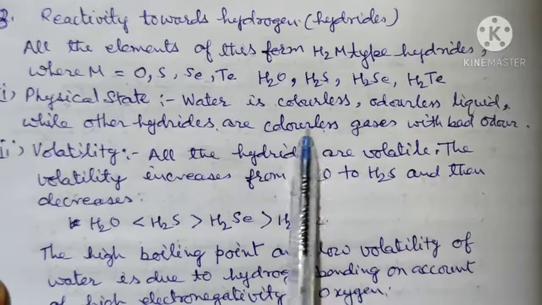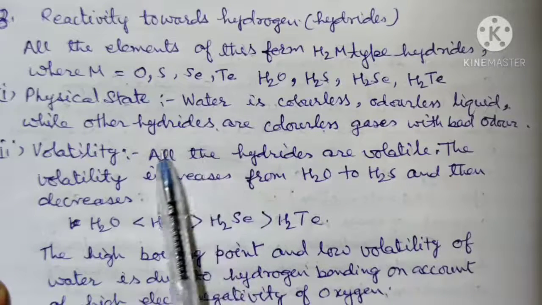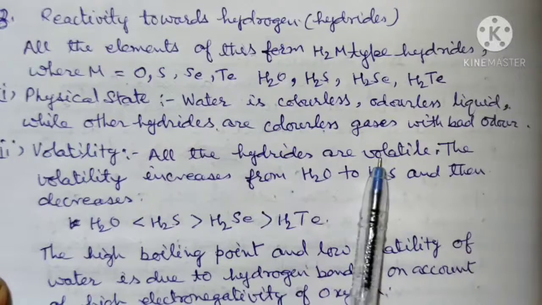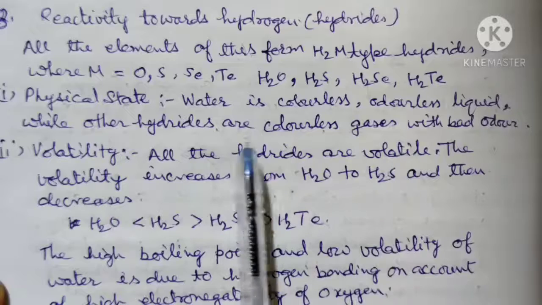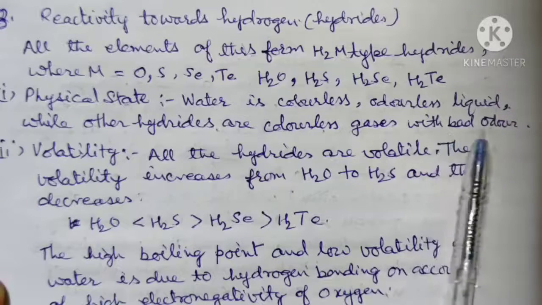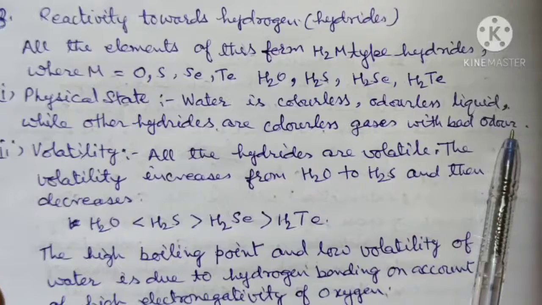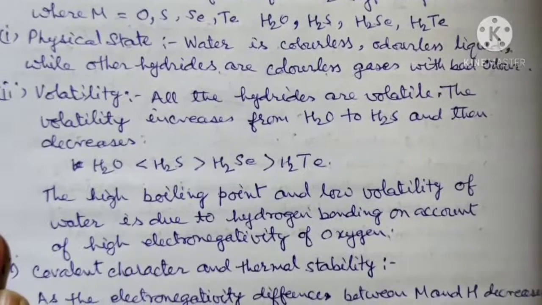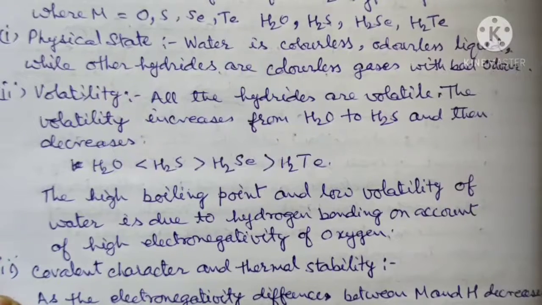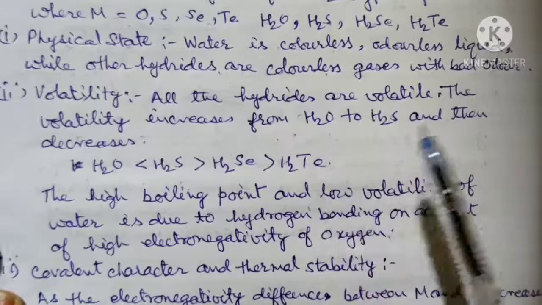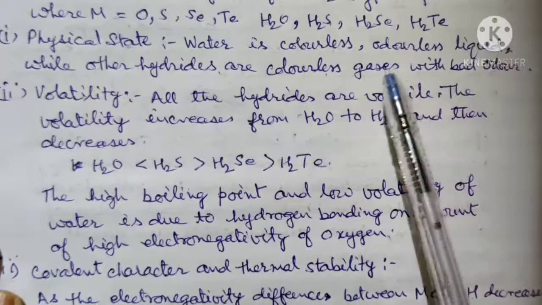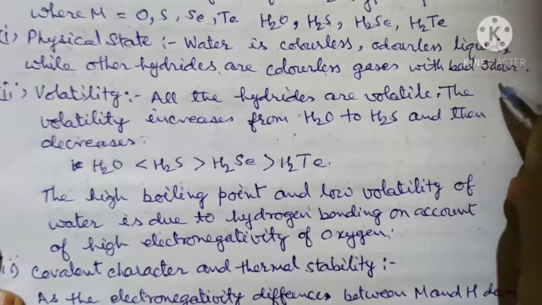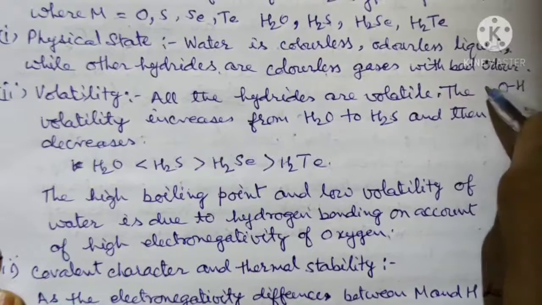The first property of these hydrides is the physical state. Water is a colorless, odorless liquid, while other hydrides are colorless gases with a bad odor or bad smell. You know about water. Water exists in the liquid state, and the reason is intermolecular hydrogen bonding. In the water molecule, the O-H bond is a polar bond.